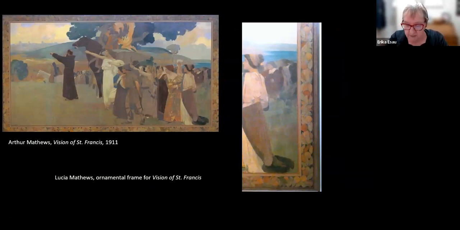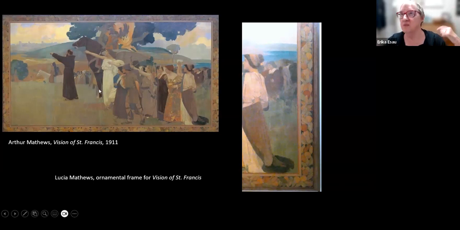This one is at the Crocker Museum. It was originally installed in a bank, and it shows an allegorical depiction of St. Francis blessing the modern city of San Francisco in the distance, with figures behind him, again, dressed in antique garb as personifications of the Western cultural tradition.